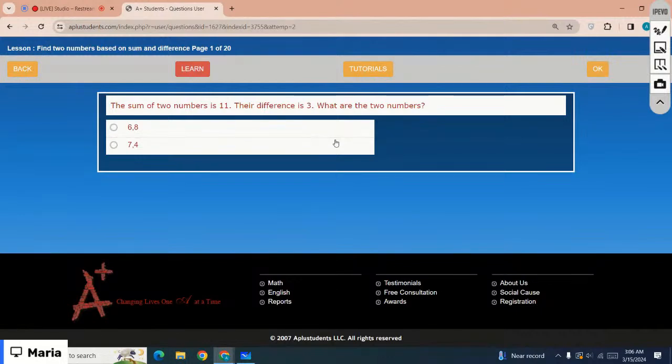Yes, the correct option is 7 and 4, right? Because 7 plus 4 makes 11, and when you subtract them, 7 take away 4 is 3. So the correct option is option number 2. The correct option is 7 and 4. Very good.